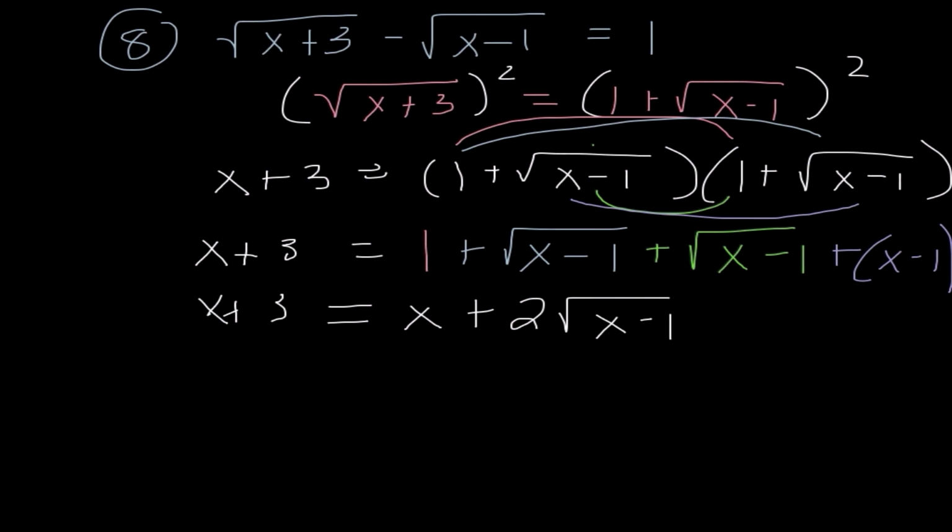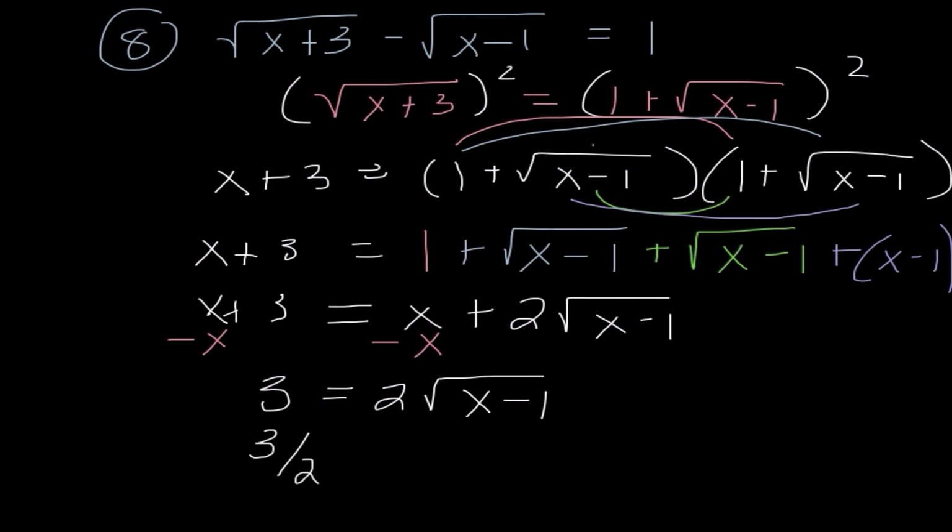And the problem that you guys are seeing is our radical is still here. So we actually need to go through this process again of isolating our radical. So I'm going to subtract x from both sides, and I get 3 equals 2 square root x minus 1. And then when I divide by 2, I get 3 halves equals the square root of x minus 1.